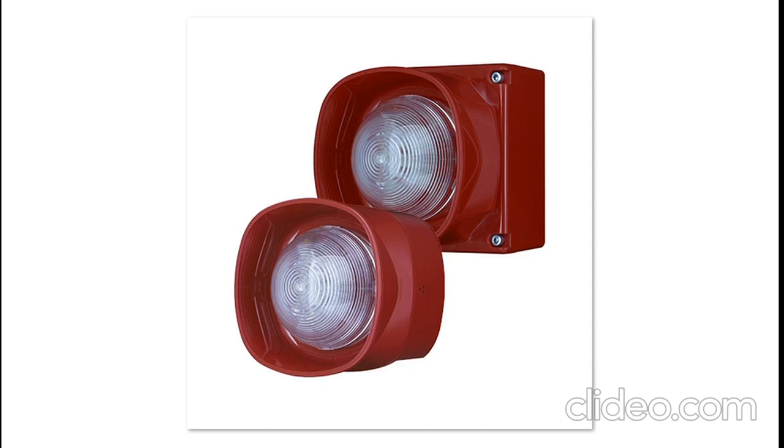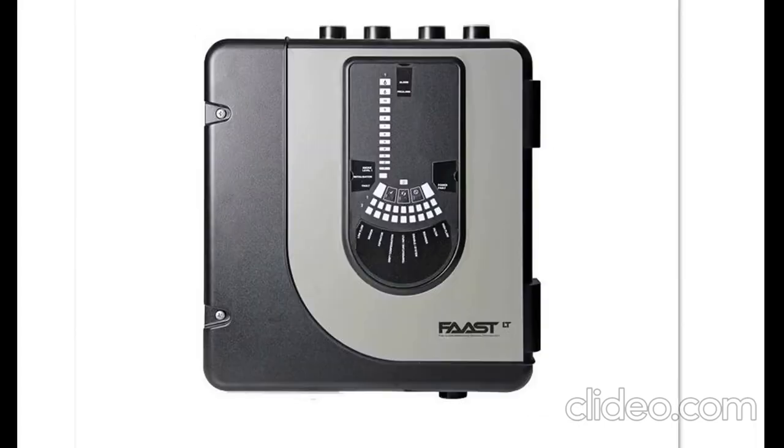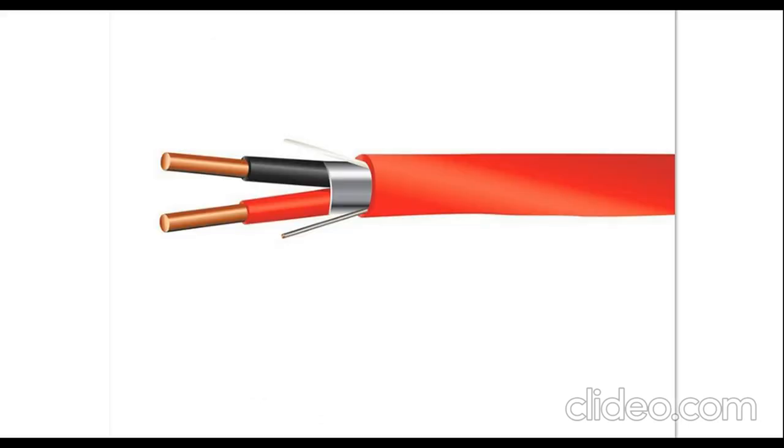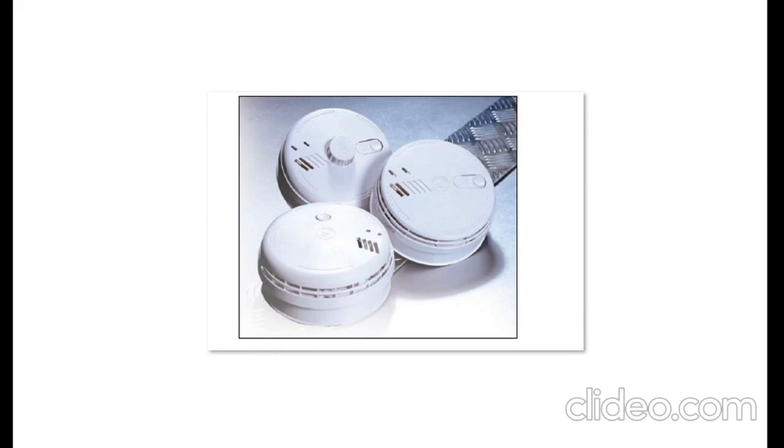It senses a fire event, which can be caused by smoke, the actual flame itself, or maybe carbon monoxide. It detects that in the atmosphere and then sends a signal to the fire alarm panel to trigger an alarm.